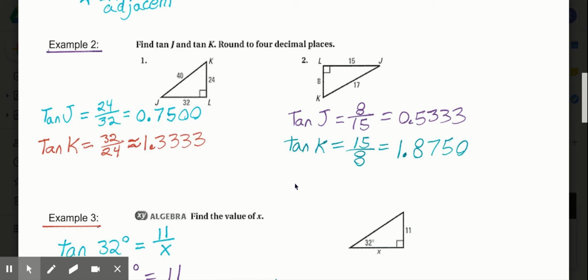And in the other triangle here, we have the tangent of J. So our side opposite is 8, our side adjacent is 15, which is 0.5333. And our tangent of K, opposite 15 over adjacent of 8, giving us 1.8750.